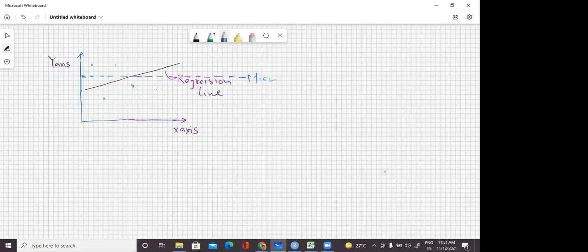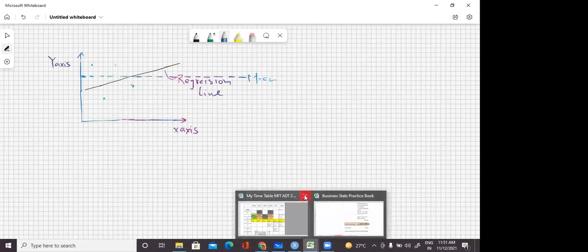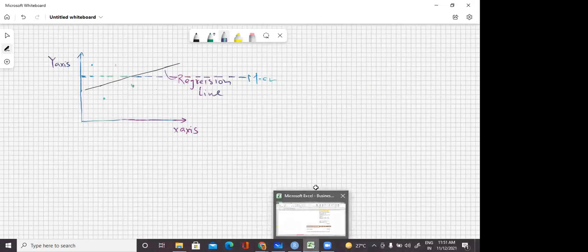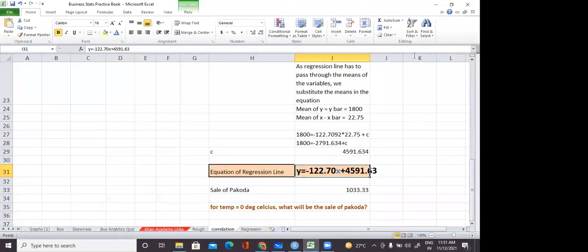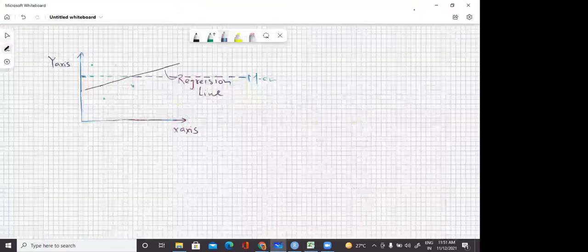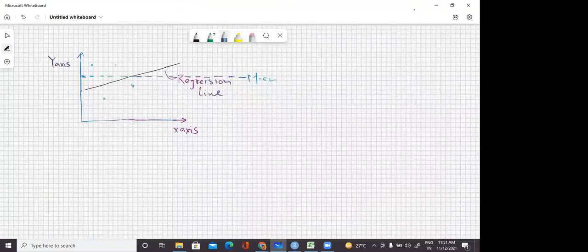We can use the regression line, like the regression line we had here, and come up with better predictions than just saying everything will be the mean.